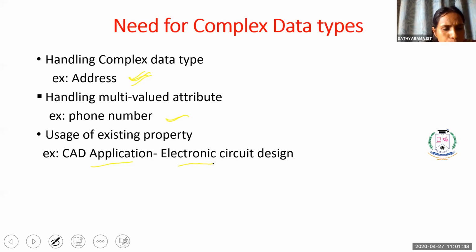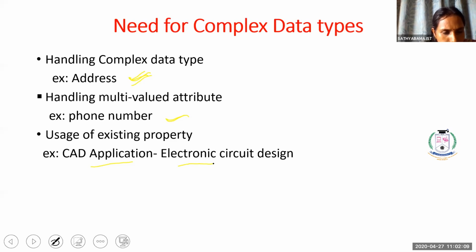What are the common attributes? Maybe the conductor value, resistance value, or the ammeter value, and the watts, how much power it is consuming. All these attributes are common for all the components.